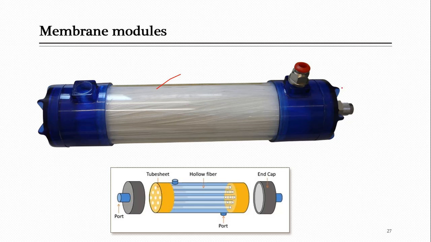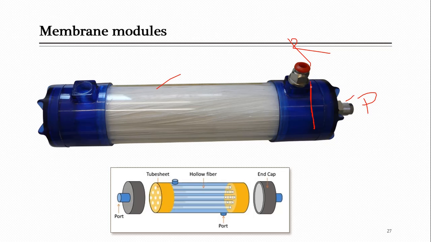They will travel to the other end, as you have seen in the other slide, where what leaves is called permeate. Others which can't pass through the membrane will collect on this end and leave as a retentate. Definitely at the end of this membrane module, after this nozzle, there will be something called a tube sheet that will separate this retentate from the permeate.